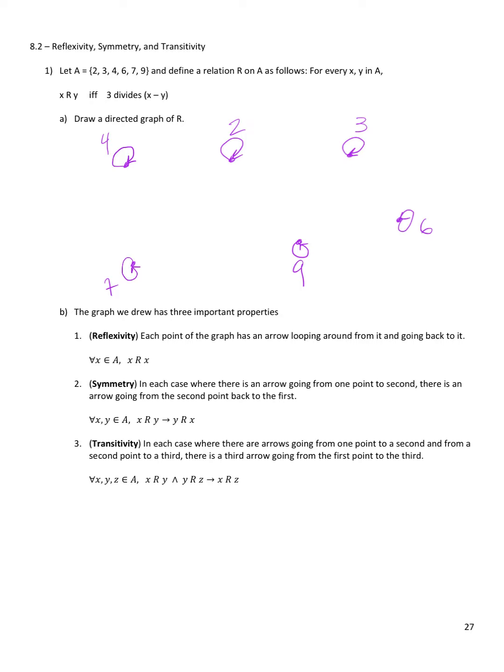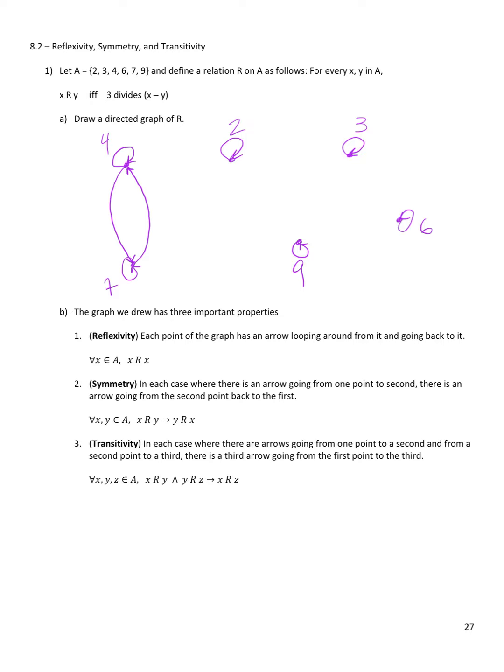All right, now 4 and 7. 4 minus 7 is -3, and 3 does divide that, right? -3 is divisible by 3, so I'm going to have an arrow from 4 to 7, and I'm also going to have an arrow from 7 to 4 because 7 minus 4 is 3, which is divisible by 3. Now 4 and 2, the difference between 4 and 2 is 2, and that is not divisible by 3.